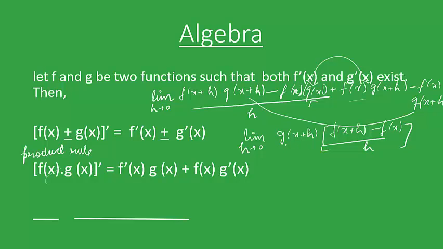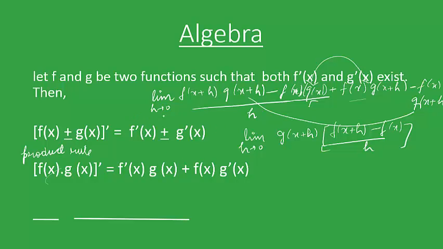So we'll have limit of g of x plus h as h tends to 0 as g of x. So this is the first term into this particular expression when h tends to 0, which is equal to f dash x.